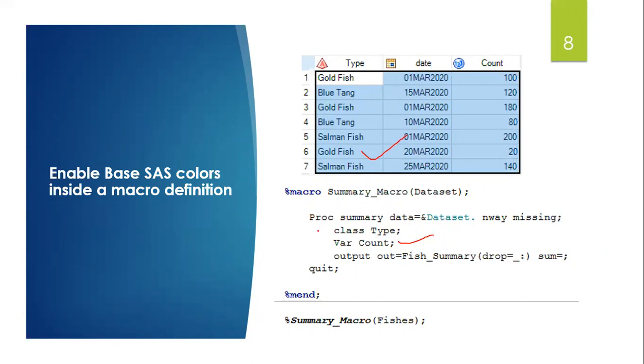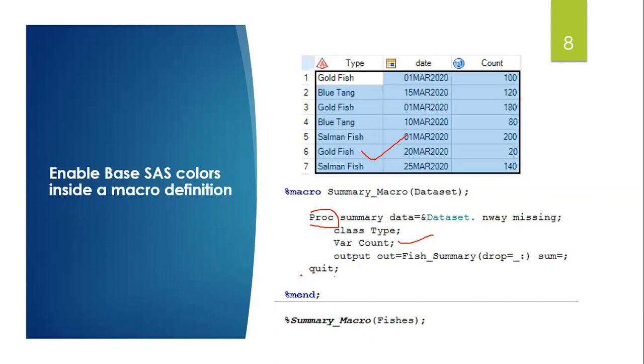But if you observe here, within a macro definition, we don't have any colors for proc or data or nmiss or class or quit. Normally we have bolded blue colors in base SAS, but we can't see such colors in a macro definition.